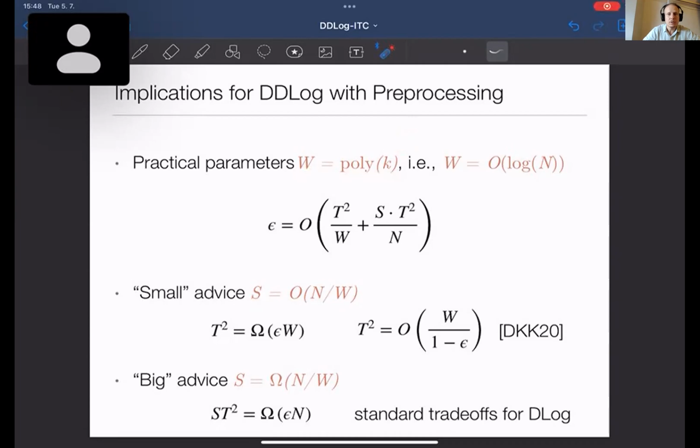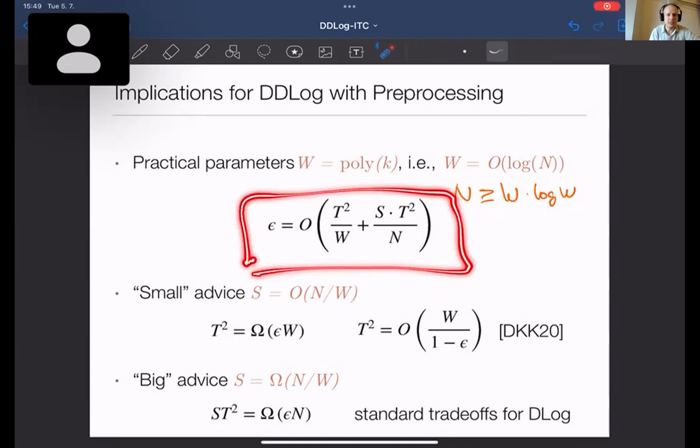If it is poly in the security parameter, it means that it is polylog in the group size, so you can think of w as log n. So in particular, n is greater than or equal to w times log w, because w itself is polylog n, so log w is like log log n. So this simplified bound on the success probability does apply.